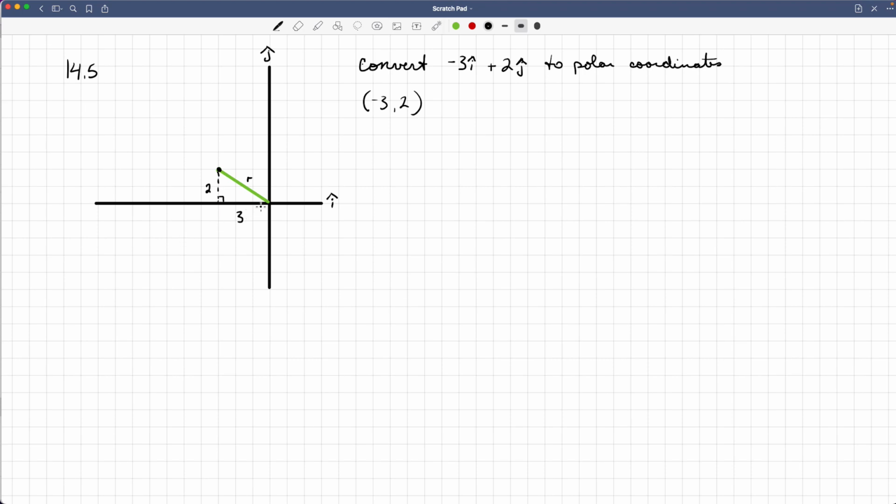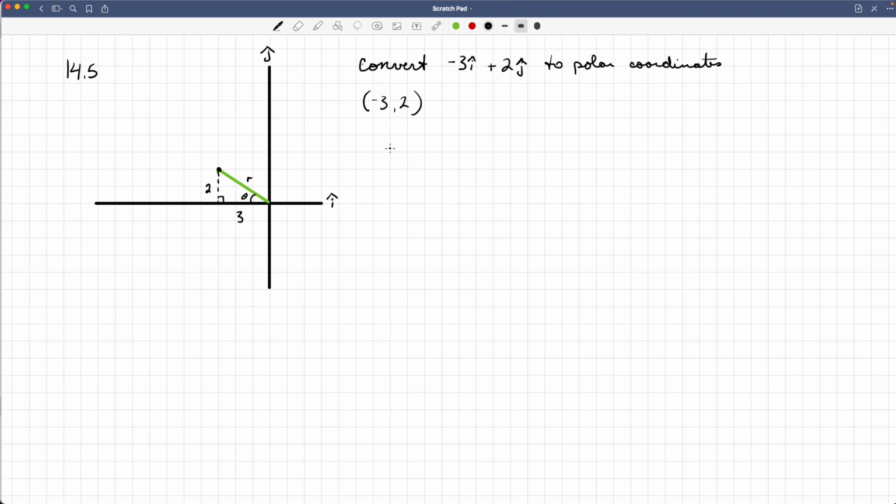What we don't know is the degree of measure, so we'll just put our little theta symbol here to show that we don't know what that is. And we don't know the length of our hypotenuse, which both of those are required to write the polar coordinate. So the first thing we're going to do is use Pythagoras Theorem to find r, because we need our hypotenuse in order to find theta, which is the degree of measure we don't know.